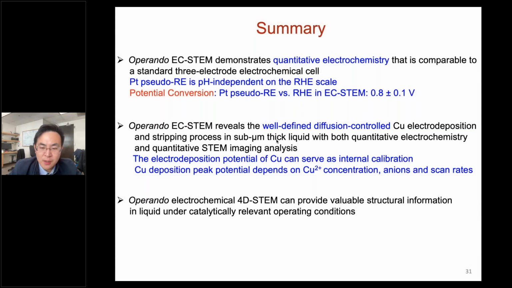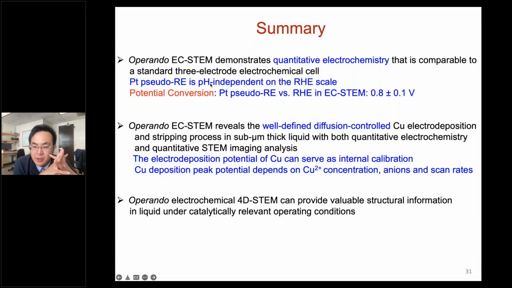Regardless of where the pH is, you can trust this potential conversion of 0.8 volt. Although I do want to point out we are seeing potential inaccuracy of about 0.1 volt, and we are working to improve the potential accuracy with a more stable reference electrode.